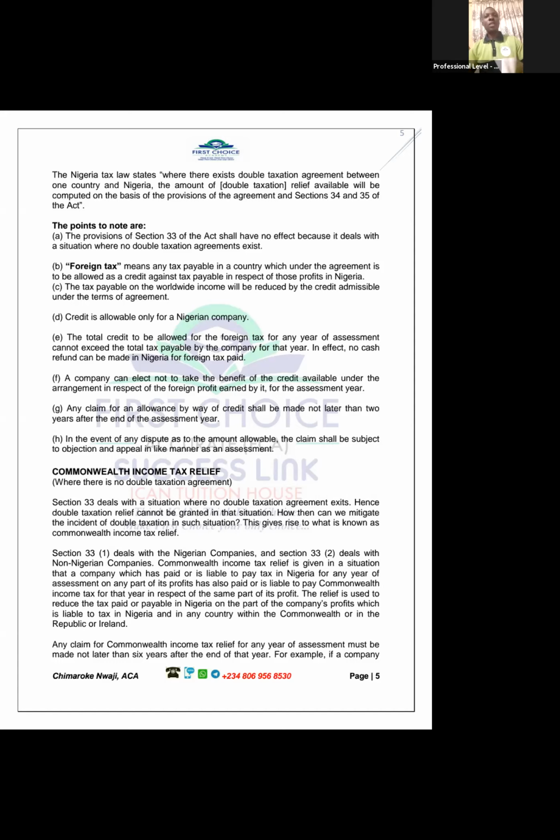Now, assuming they check and find out that the Commonwealth tax rate is higher than Nigerian tax rate. Let's say the Commonwealth tax rate is 35%. Maybe South Africa is 35%. Nigeria is 30%. What will happen?